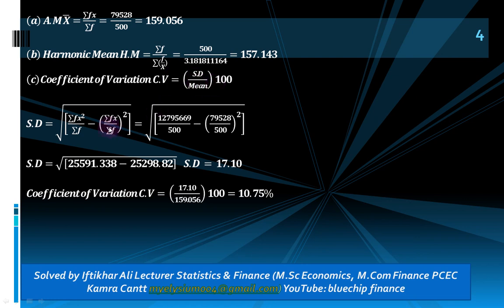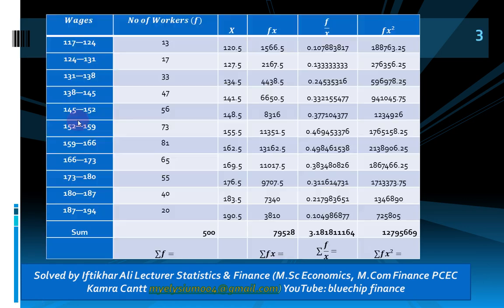After that, coefficient of variation is equals to standard deviation divided by mean multiplied by 100. So in standard deviation, we need one more calculation, and that is fx square, sum of f multiplied by x square. So you can calculate this through simply multiply fx with x, and that is equals to fx square. So 1566.5 multiplied by 120.5 equals to 188,763.25, and so on. And sum is 127,95669.